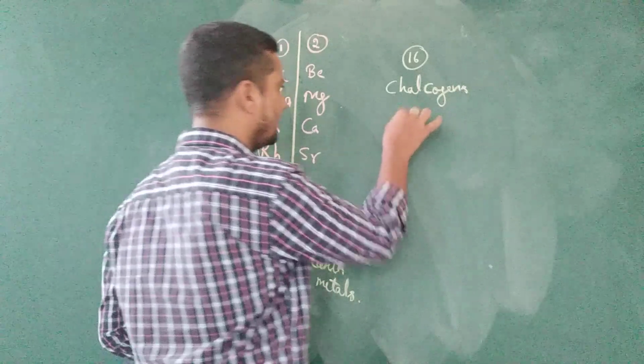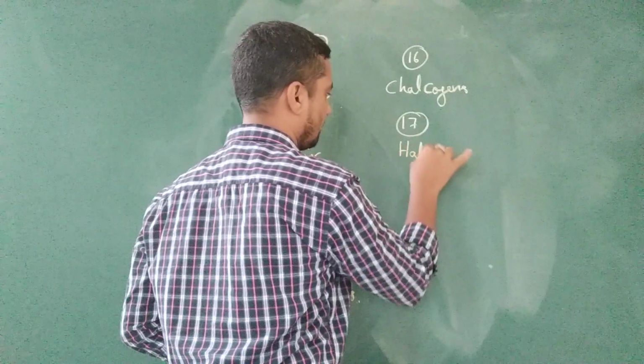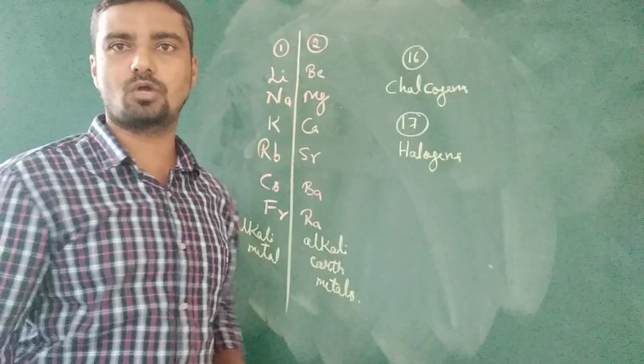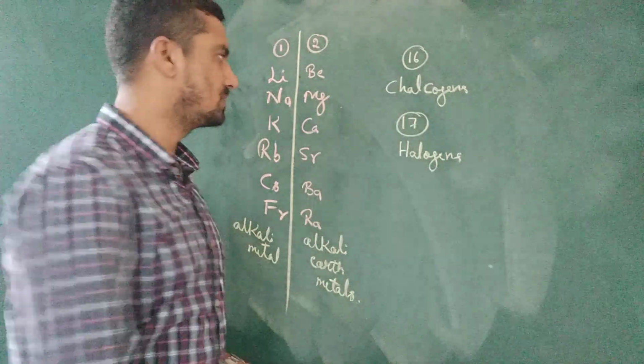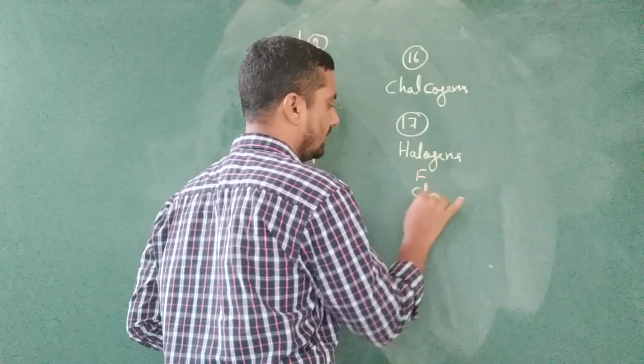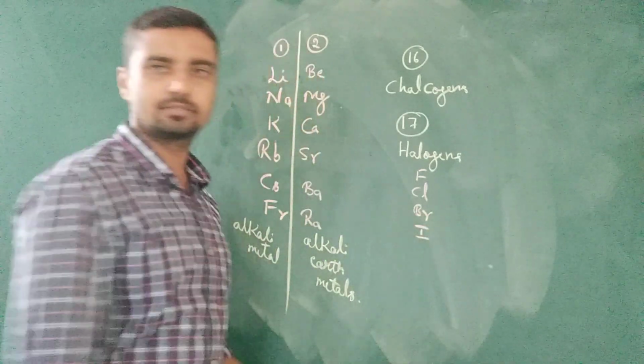The group 17 elements are called halogens. They have salt forming capacity. Group 17 elements are fluorine, chlorine, bromine, and iodine, and they are all halogens.